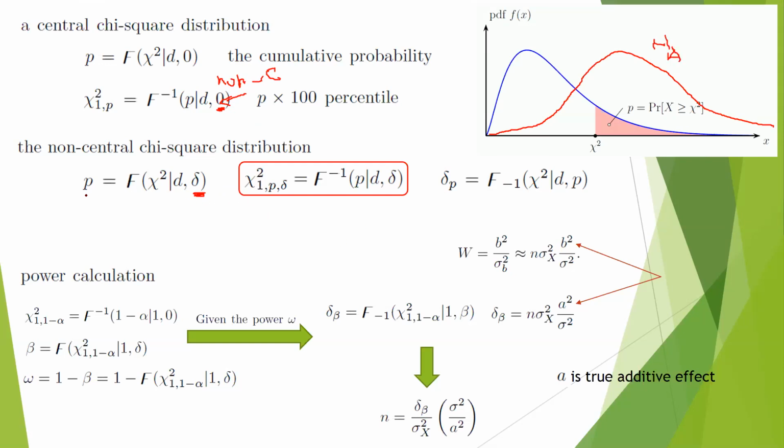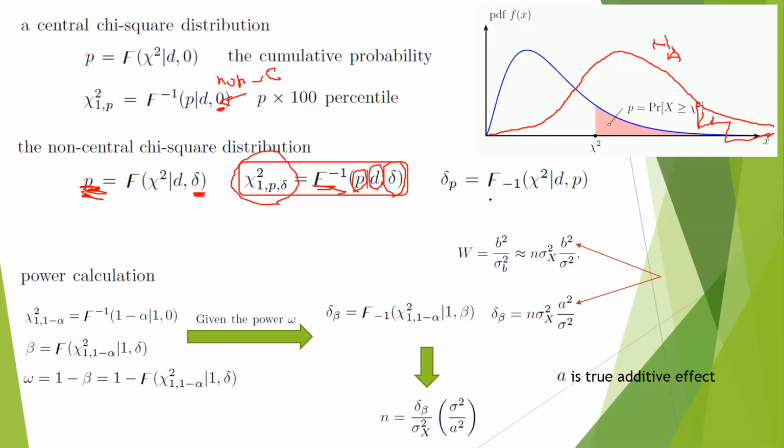All right, so same with the p-value. If we want to calculate the p, it is still the same thing. And once we know the p-value, the degree of freedom, and the non-centrality parameter, we can use the inverse function to calculate this cutoff value or the percentile.